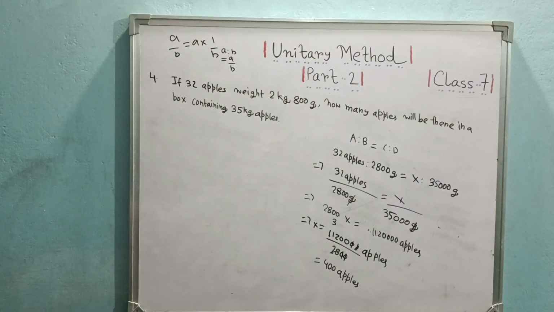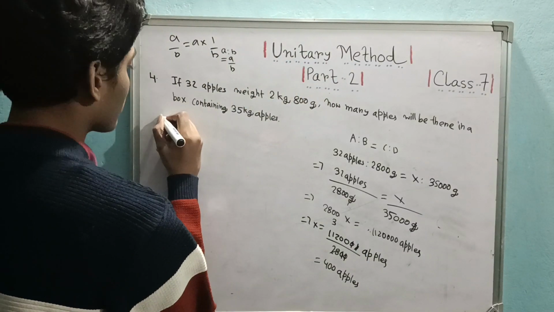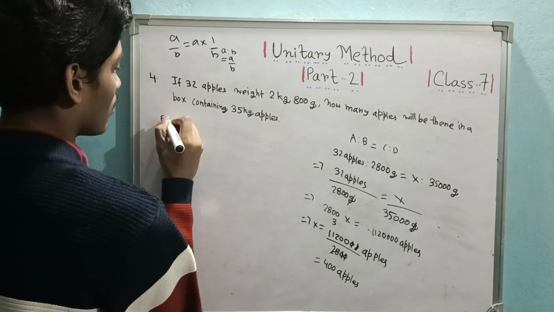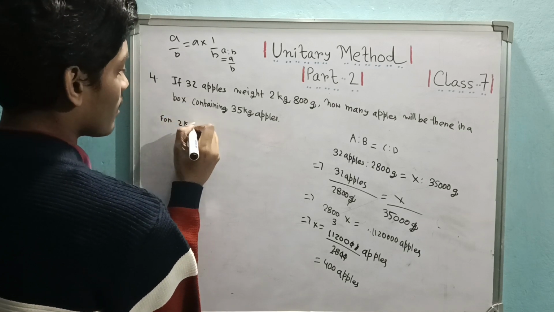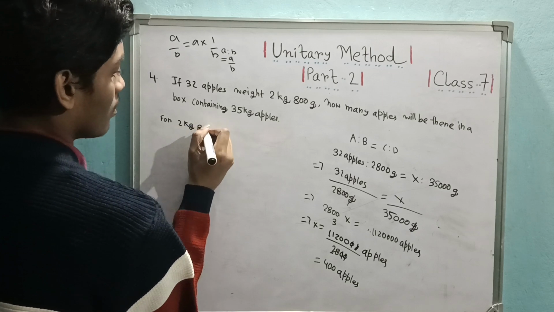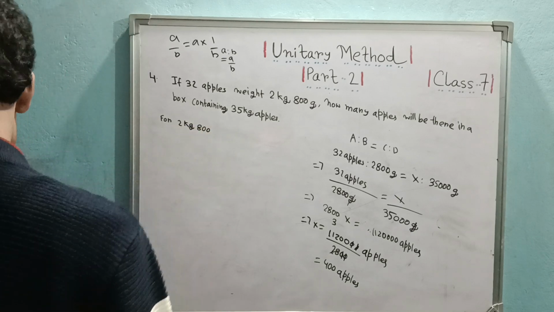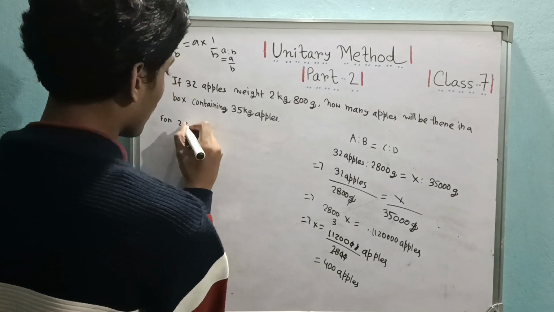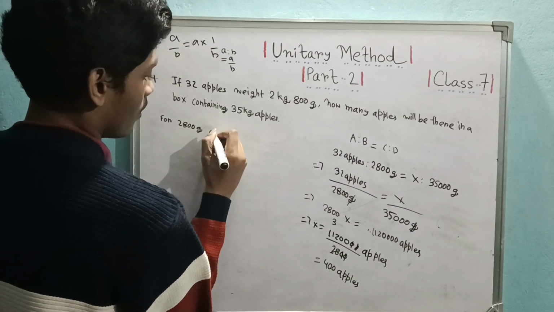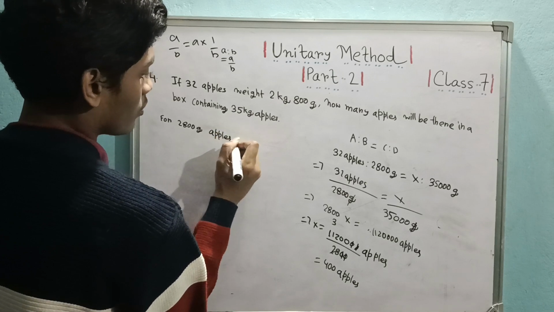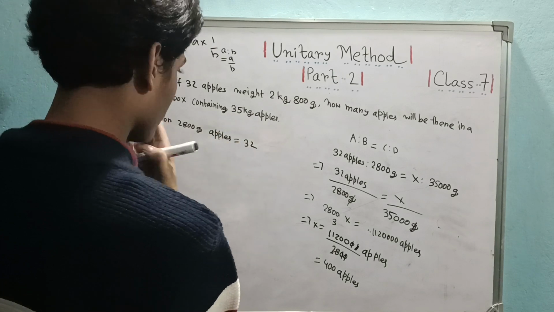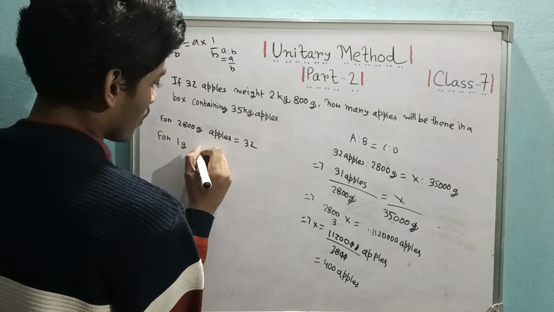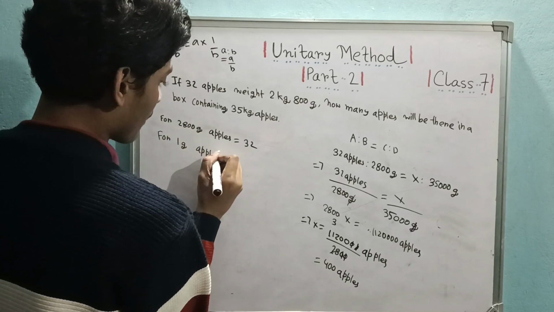Now we have to see the unitary method, obviously. So for 2 kg 800, sorry guys, for 2800 gram, apples equal to 32. Then for 1 gram, so when weight is less, apples will be less.